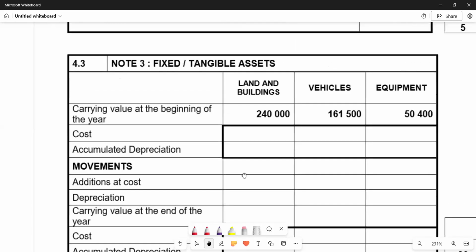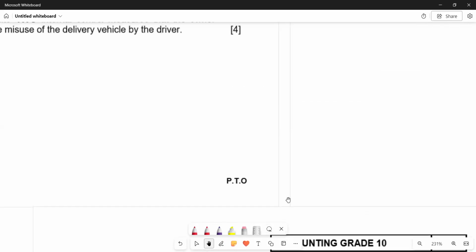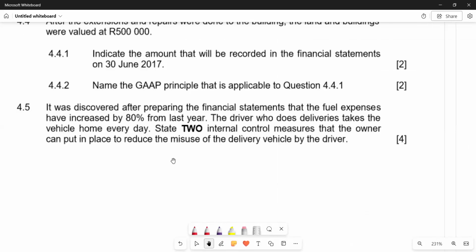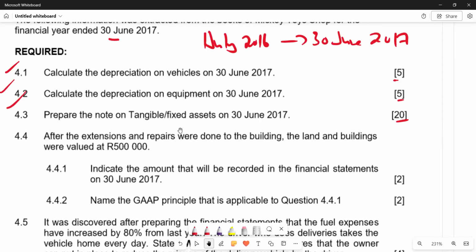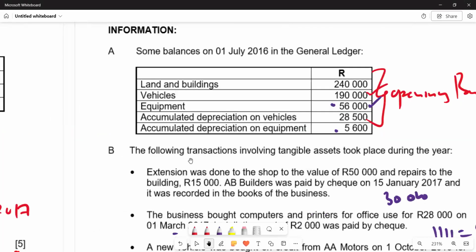So what we are going to do is enter the cost at the beginning, and then accumulated depreciation at the beginning. Those figures we have; we are just taking them from there. We start with land and buildings at the beginning. We go to the question and see that land and buildings at the beginning at 240,000 is our cost.